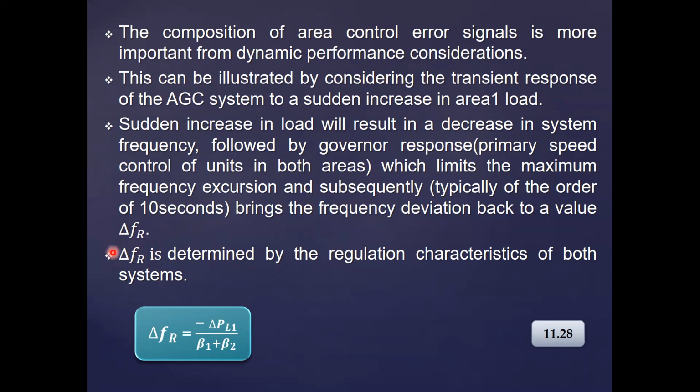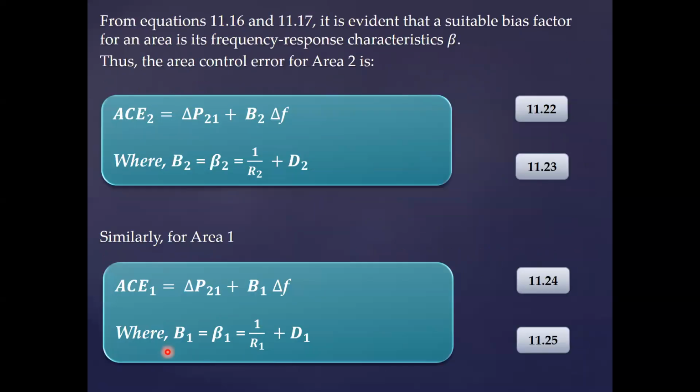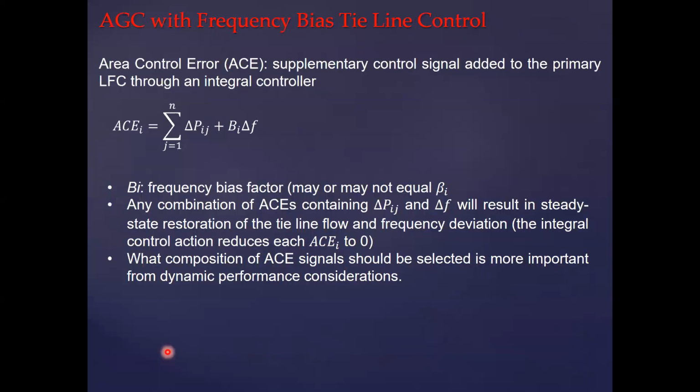This frequency regulation could be further improved with the secondary control loop. And here this quantity we define as the regulation characteristic. If you refer back to the previous slide, this delta FR is like the steady state frequency deviation.